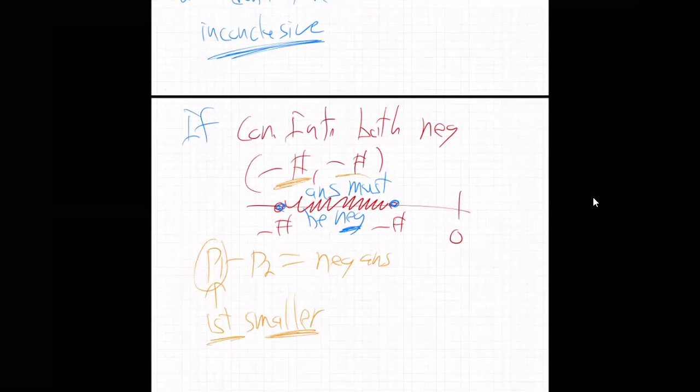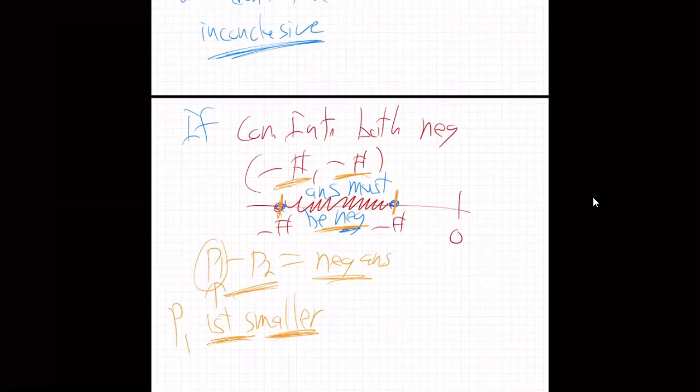So if you got 2 negative numbers in your confidence interval, then for sure your answer is somewhere between those 2 negative numbers. It must be a negative answer. And that means your difference is negative, which means the first number must be smaller. So we would conclude in that case that P1 is smaller.